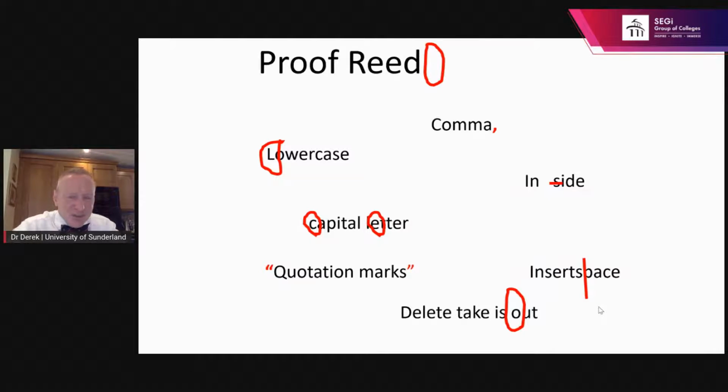A key weakness with creative writing, and some of you will be nodding your heads: you'll write an assignment, you'll submit it, you'll get your grade back, and then when you look down, you'll put your hand on your head and think, goodness, how did I miss those spelling errors? So what I suggest is that you give yourself at least three days before you submit, and you try to proofread it.